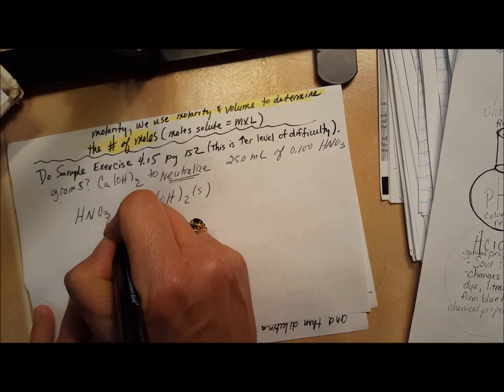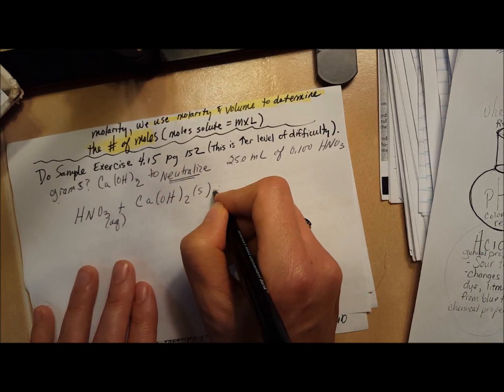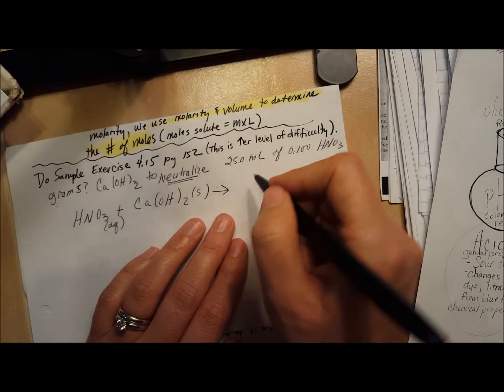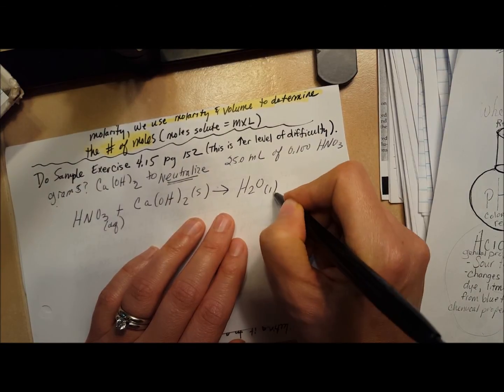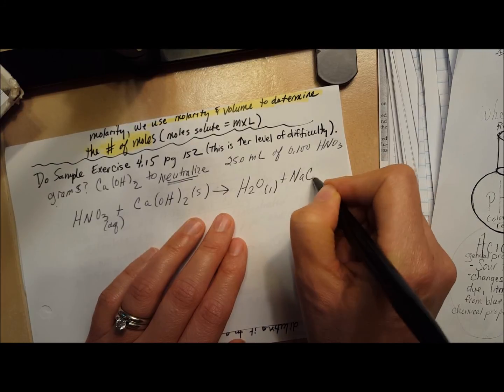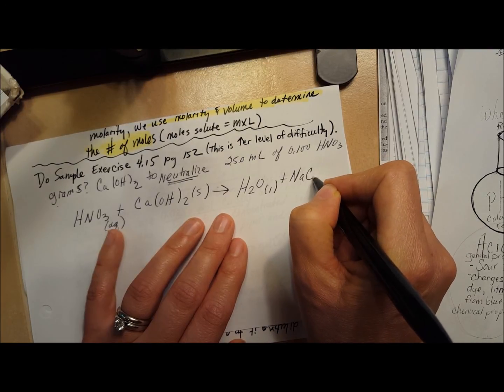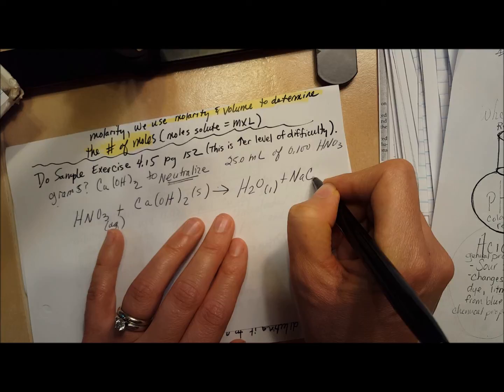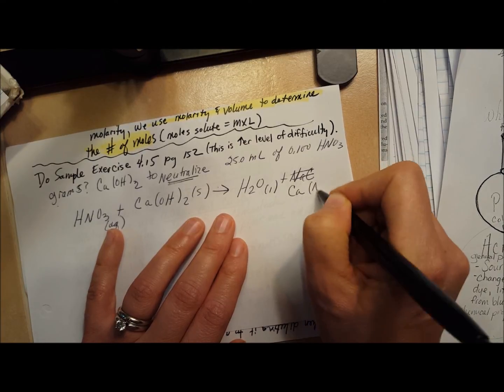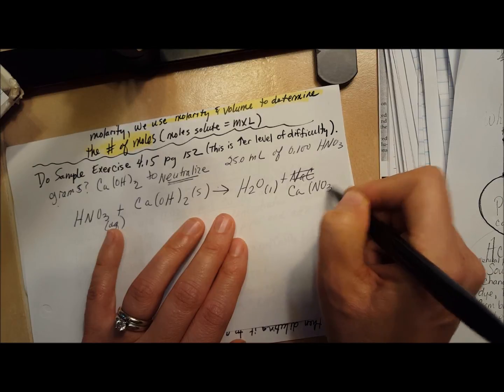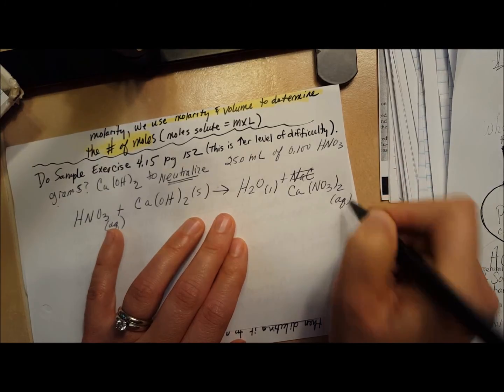This is aq. Okay, so products are H2O liquid plus the salt, which is, I'm writing the wrong one, Ca(NO3)2 aqueous.